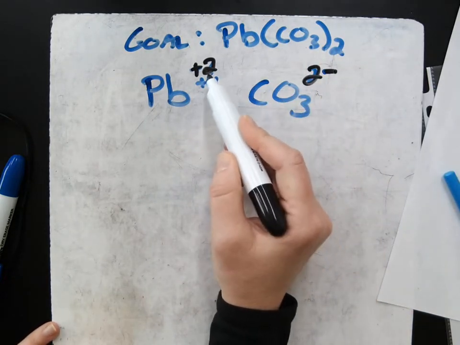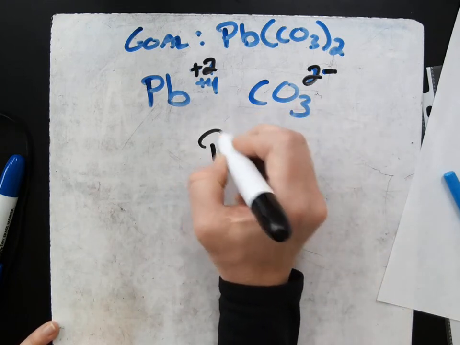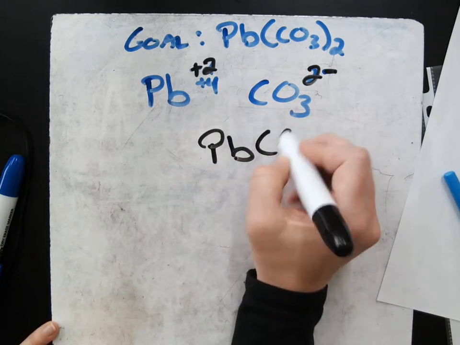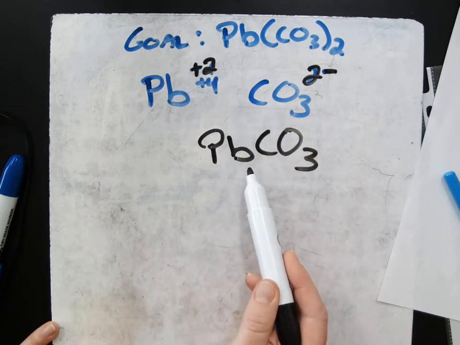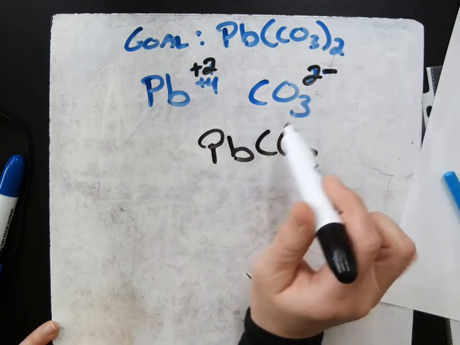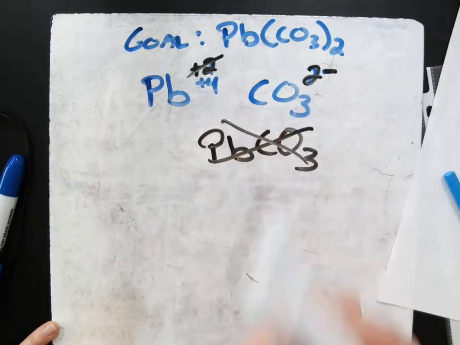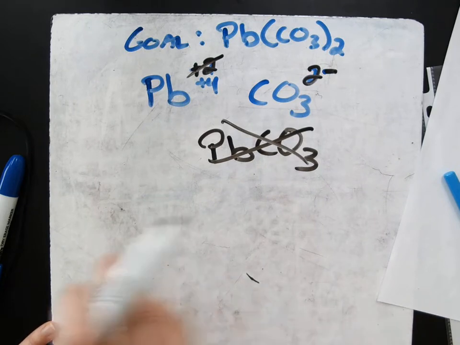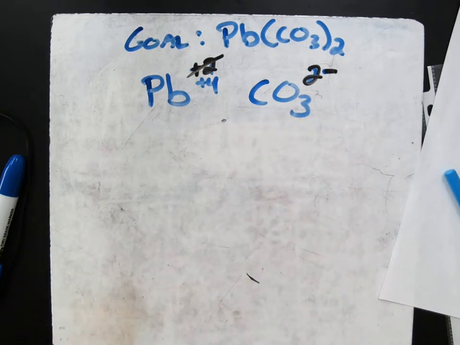If it was the lead 2, they would just smush together, right? But that is not the compound I'm going for, so it must not be the lead 2. I like this process of elimination thing. Let's see what happens if we use lead 4.